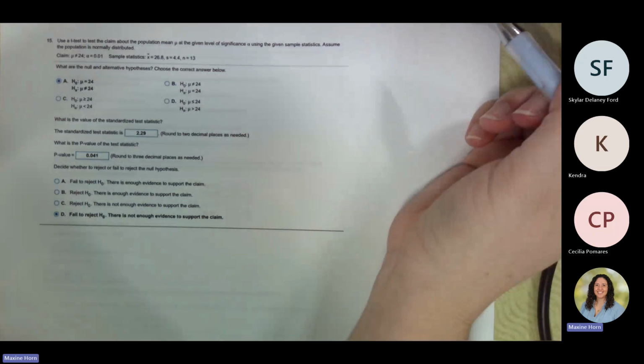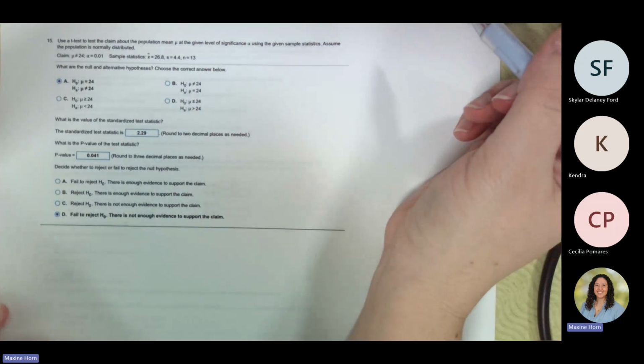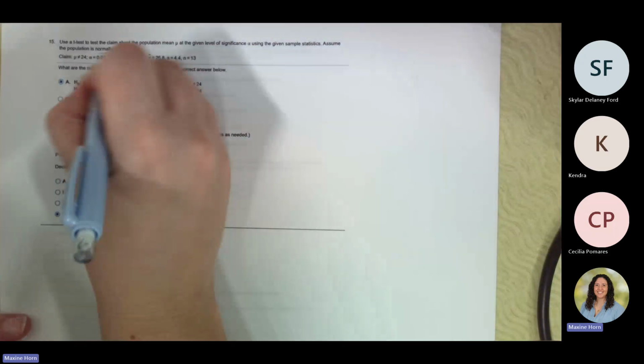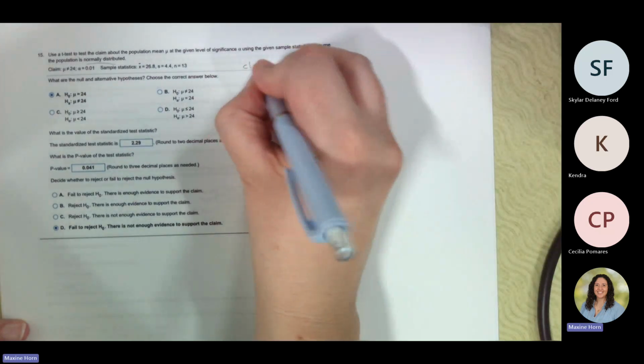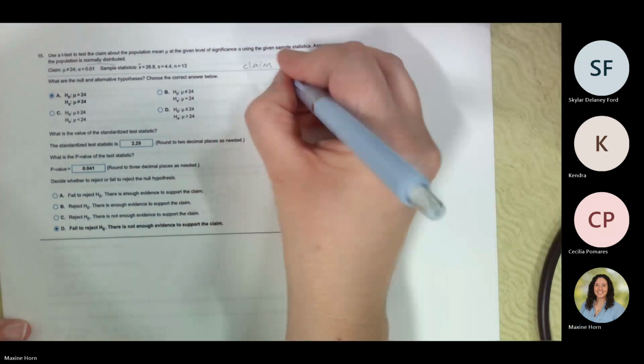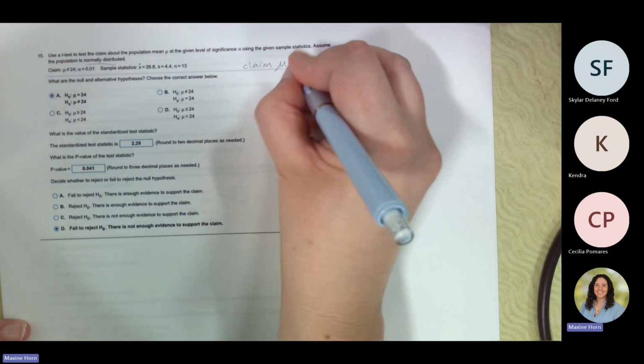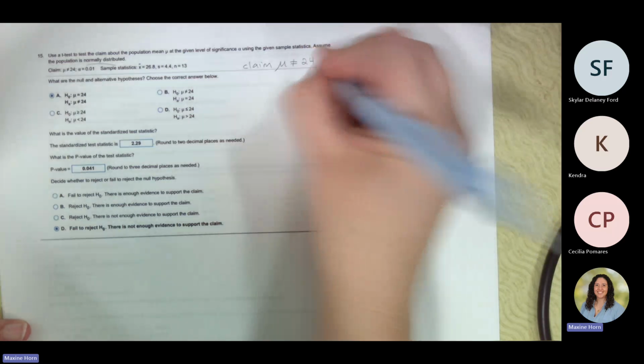All right. Number 15, use a t-test to test the claim about population mean, the given level of significance, alpha, using the given sample statistic. Assume it's normally distributed. Okay, it's good because our n is only 13. Okay, again, claim is that mu is not equal to 24.